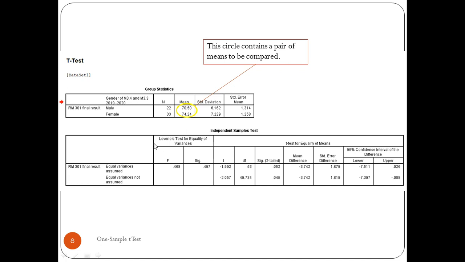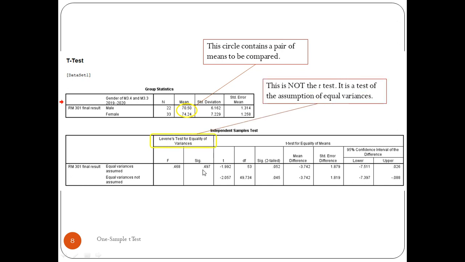So how do we read the Levene test output here? It's very easy to interpret. We go to sig, or significance, or p-value. You can see the p-value is 0.497.